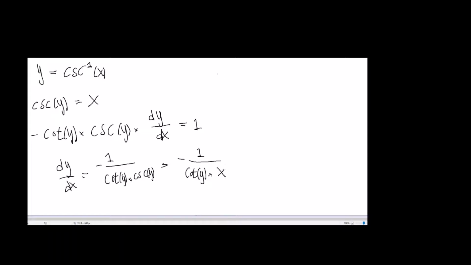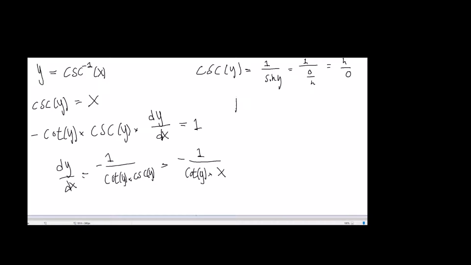Cotangent of y, and then again I'll explain this in the same manner as I explained the derivative of the inverse function of secant of x, since cosecant of y is just equivalent to 1 over sine of y, and sine of y is just equivalent to the opposite over the hypotenuse, and 1 over O over H would just be H over O.